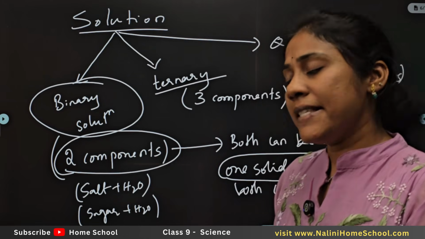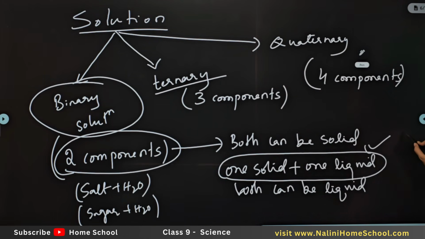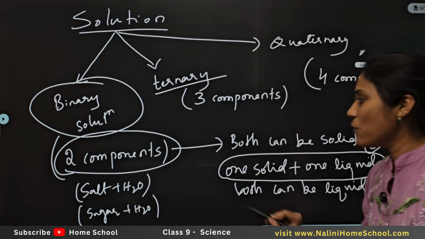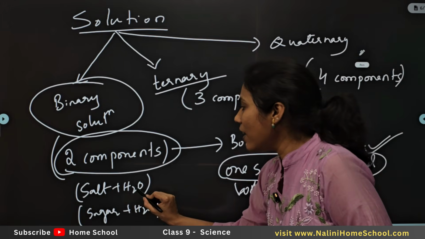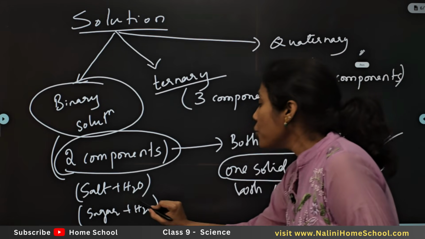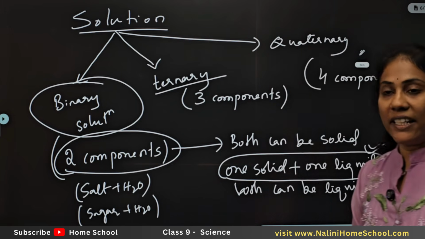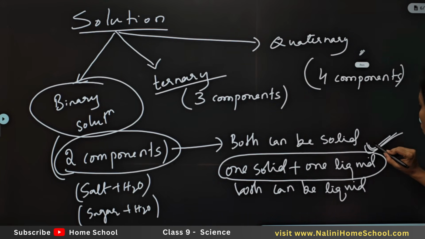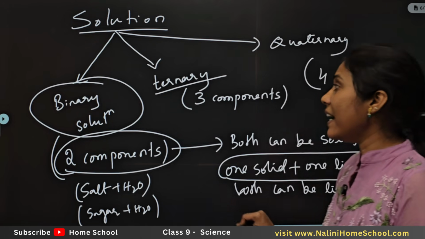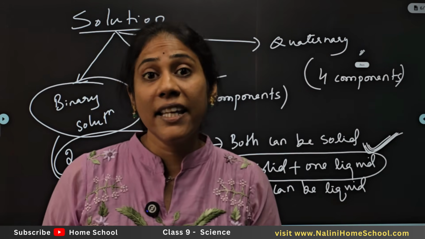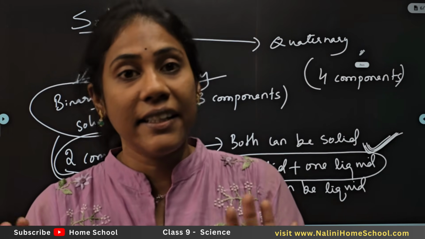But the commonly seen combination is this, no? Salt plus water: salt is a solid, water is a liquid. Sugar plus water: sugar is a solid, water is a liquid. The most commonly seen example is this. It doesn't mean that a solution always means a solid in a liquid.